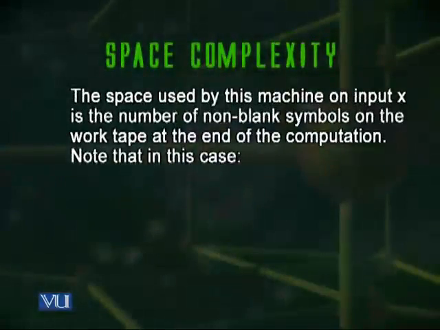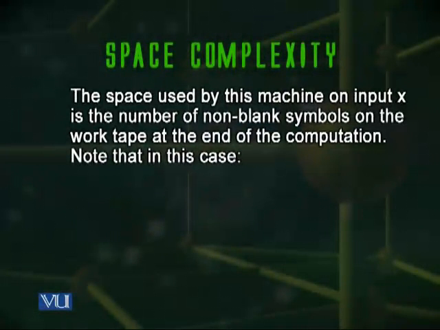So all these machines are deciders, and we would implicitly assume from now on that all our Turing machines halt on all possible inputs. Therefore, it makes sense to talk about looking at the work tape at the end of a computation. I give the machine an input X, I run the Turing machine, it eventually halts, and then I go and count the non-blank symbols on the work tape, and that is defined to be the space used by the Turing machine on input X.